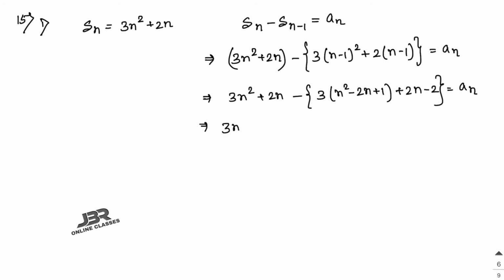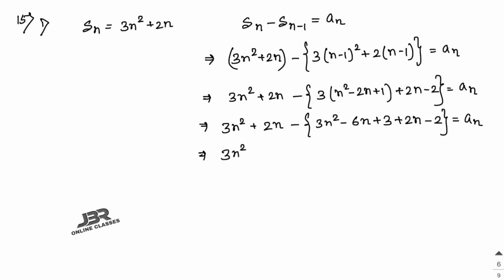So 3n square plus 2n minus 3n square minus 6n plus 3 plus 2n minus 2 equal to An.